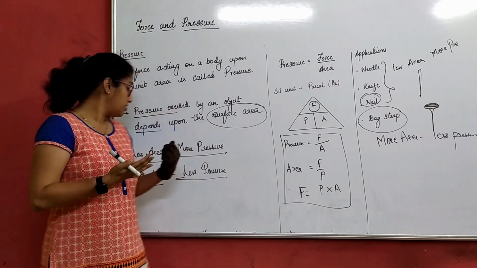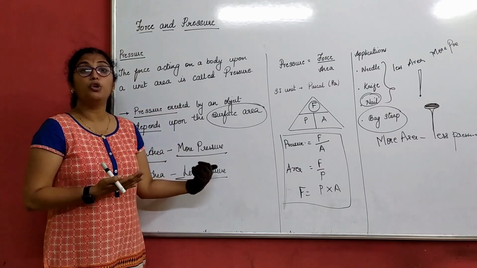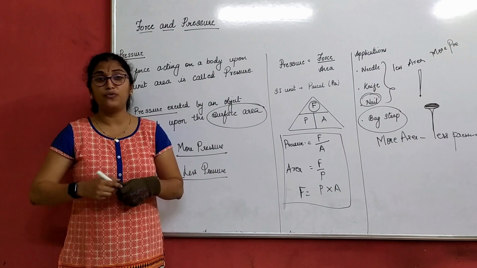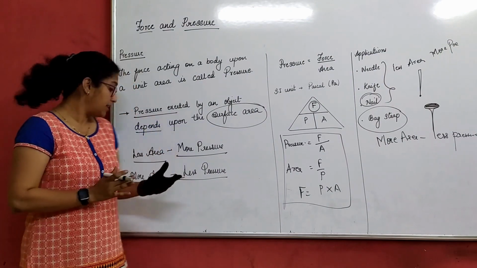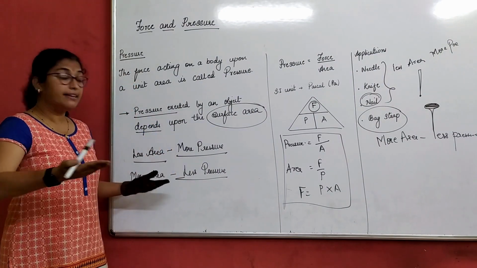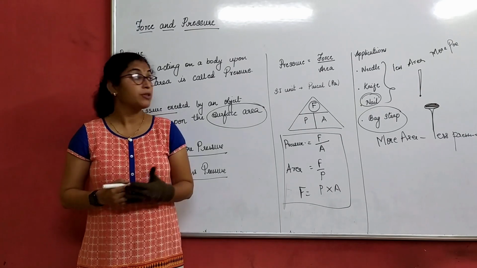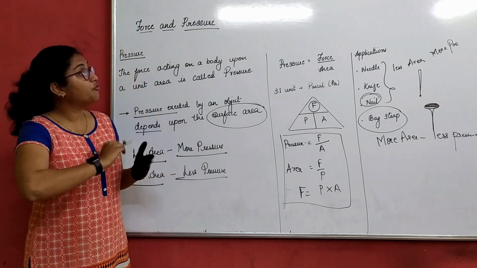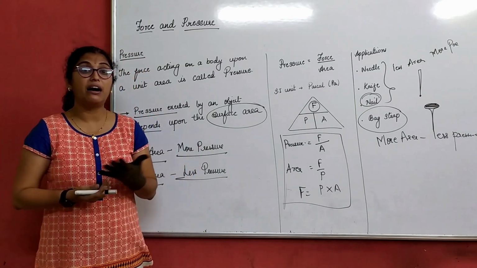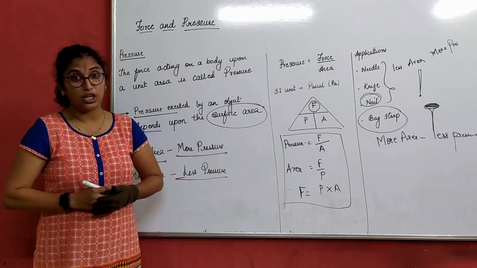That's only because of lesser area, more pressure. When you wear flat shoes or flat chappals, that means more area, less pressure. So this is about how force, pressure and area are interrelated with each other.